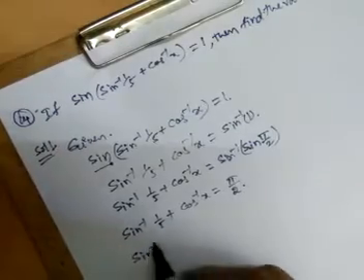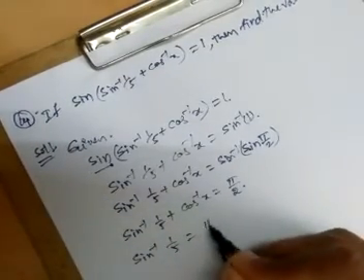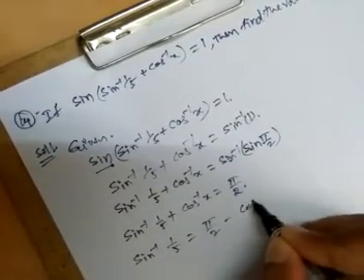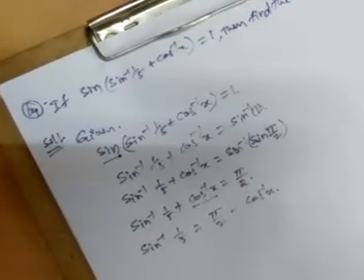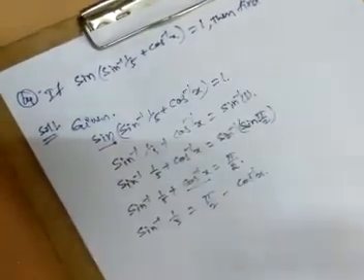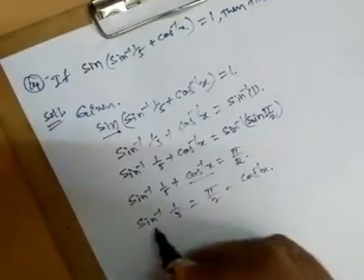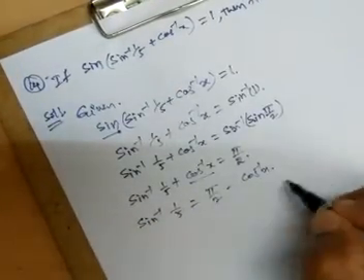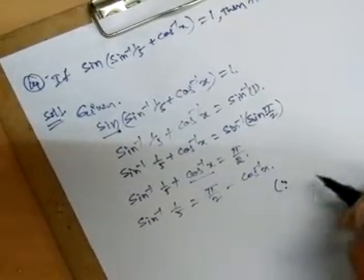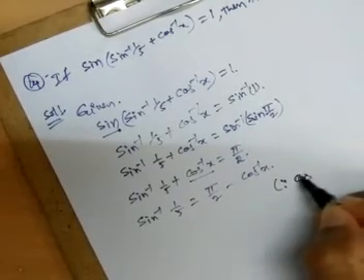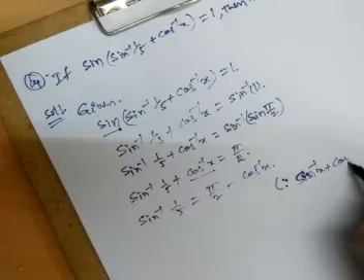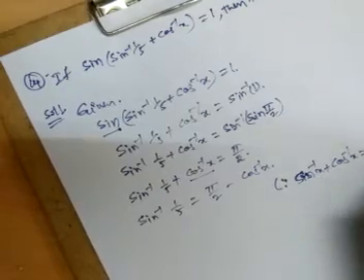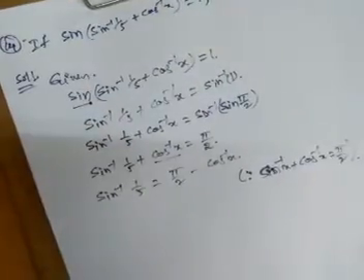Now sine inverse of 1 by 5 equals pi by 2 minus cos inverse of x. Shift this value to RHS part. Next one. We know that in sine and cos function complementary angle, sine inverse of x plus cos inverse of x equals pi by 2. This is one relation.